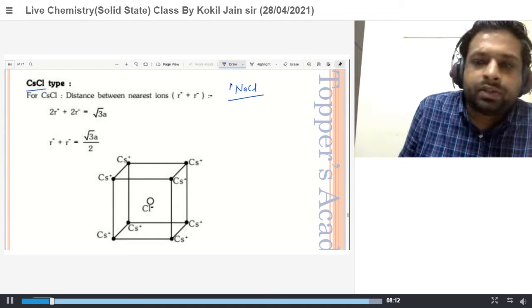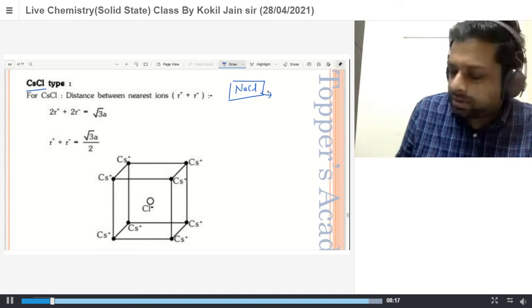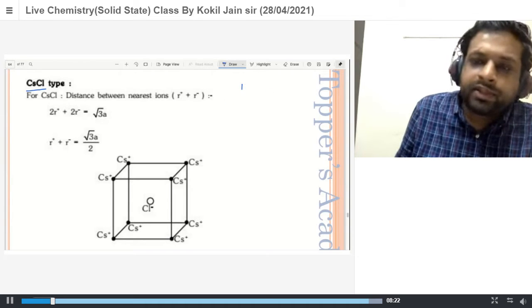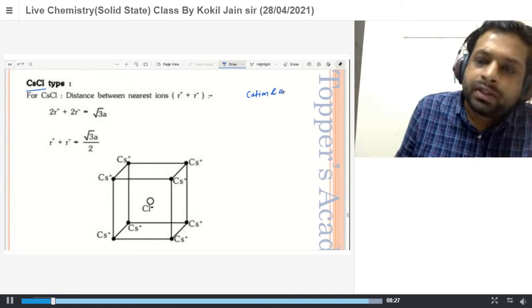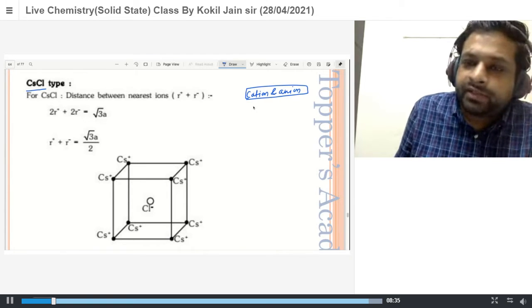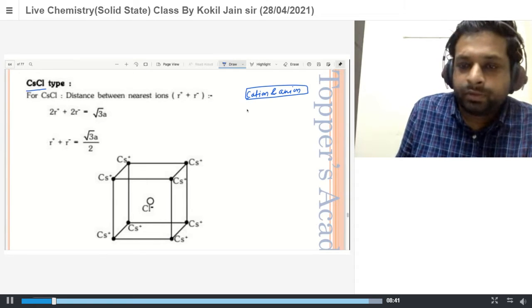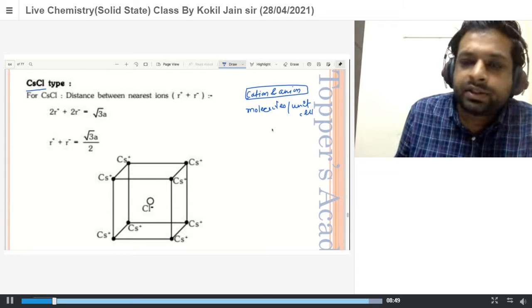If you remember, for the NaCl structure we tried to calculate the distance between cation and anion in an ionic crystal, and we also calculated how many molecules per unit cell are present in this structure.